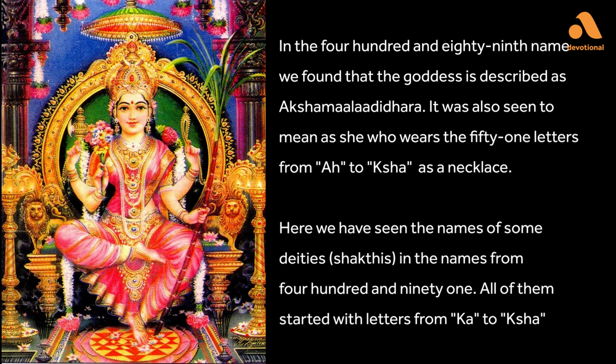In the 489th name, we found that the goddess is described as Akshamaladhidhara. It was also seen to mean she who wears the 51 letters from Ak to Ksha as a necklace. Here we have seen the names of some deities, that is powers, in the names from 491. All of them started with letters from Ka to Ksha.